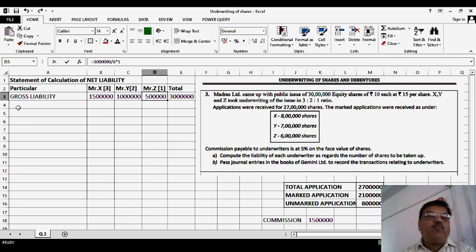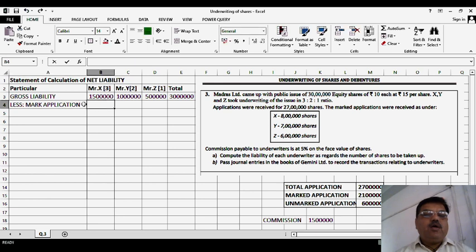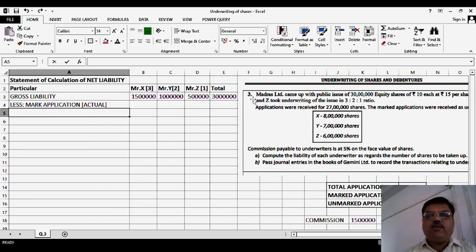Now first step, what you have to do, that you have to less marked application. Now marked application that you have to take actual. Marked application you have to take what? Actual.